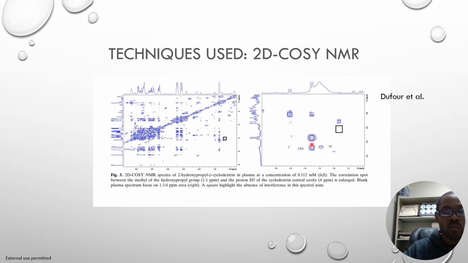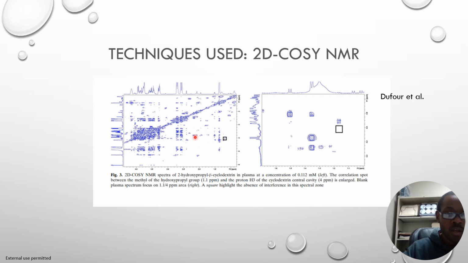Here you have two 2D NMR spectra. The 2D NMR spectrum is of 2-hydroxypropyl beta cyclodextrin in plasma at a concentration of 0.112.